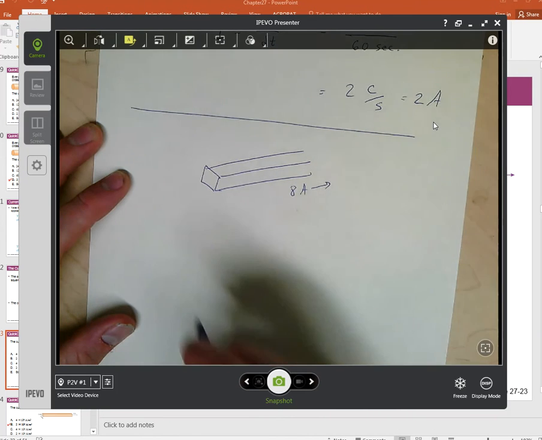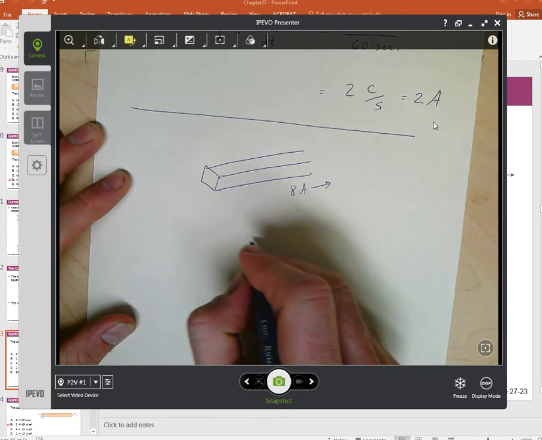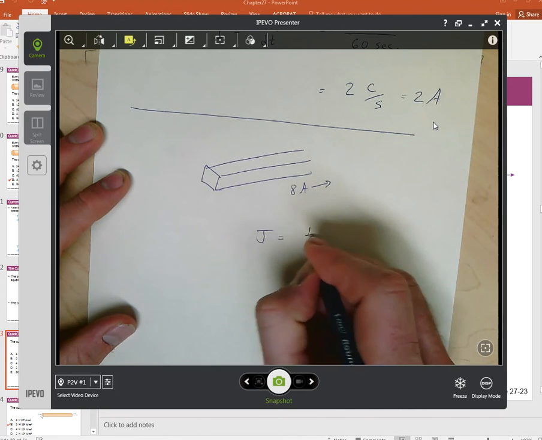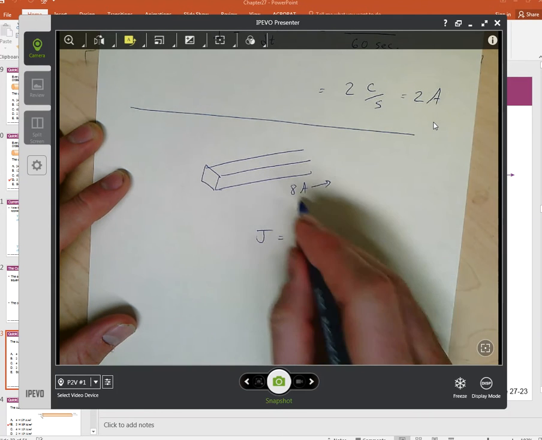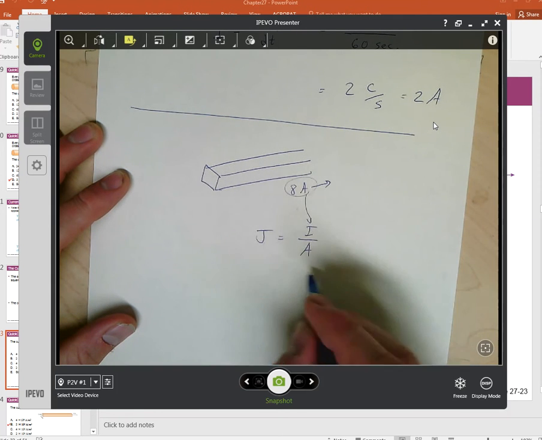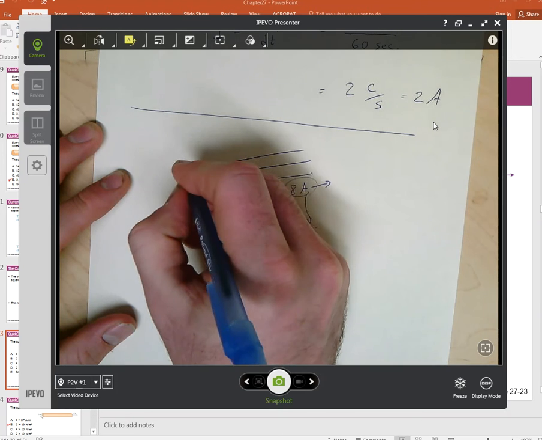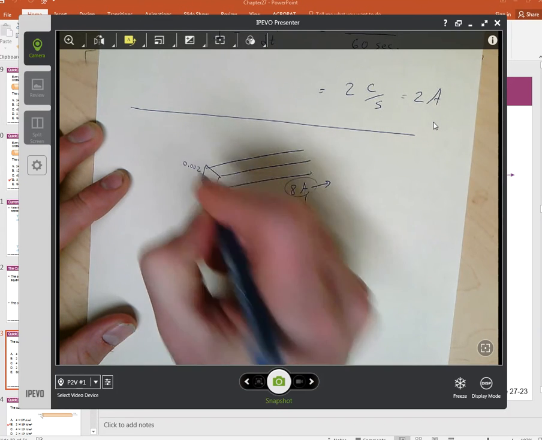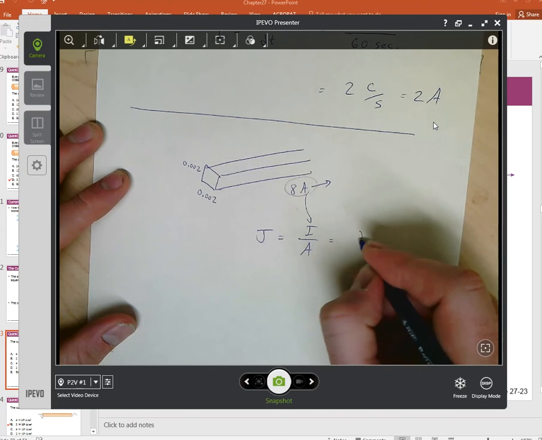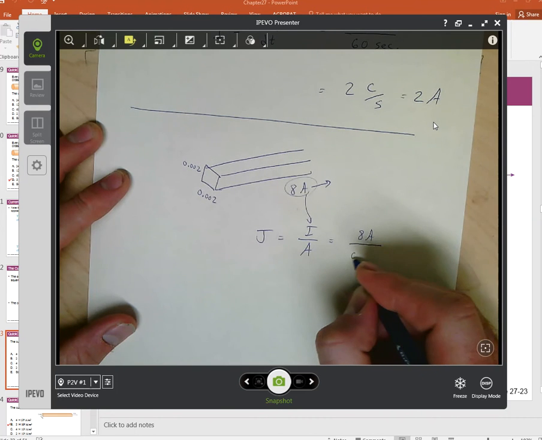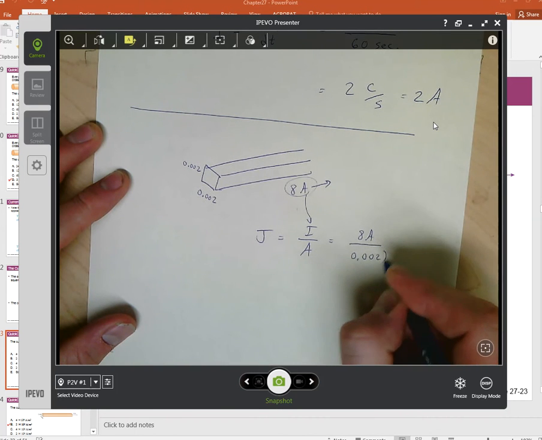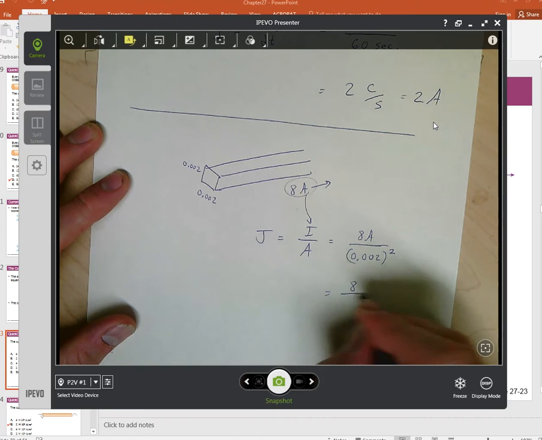Okay, the first thing we have to do is apply the definition that J is the current per area. We have 8 amps as our current, but the area is a little harder to find. We know it's 2 millimeters by 2 millimeters, so when we multiply those together, it's 8 amps divided by 0.002 meters squared. We can actually do this without a calculator.